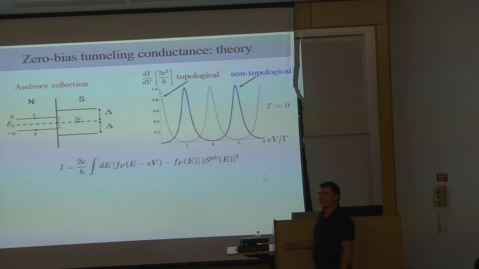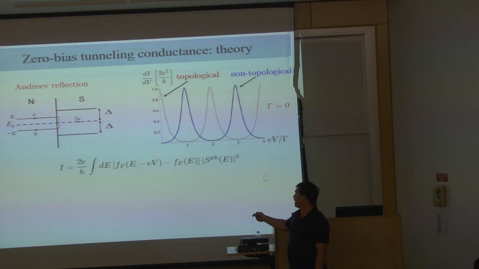And if you have a state exactly at zero energy here, then there is a new phenomenon. It's called resonant Andreev reflection, which is resonant because such Andreev reflection happens with unit probability at zero temperature, regardless of the barrier that may exist at this interface. Okay?